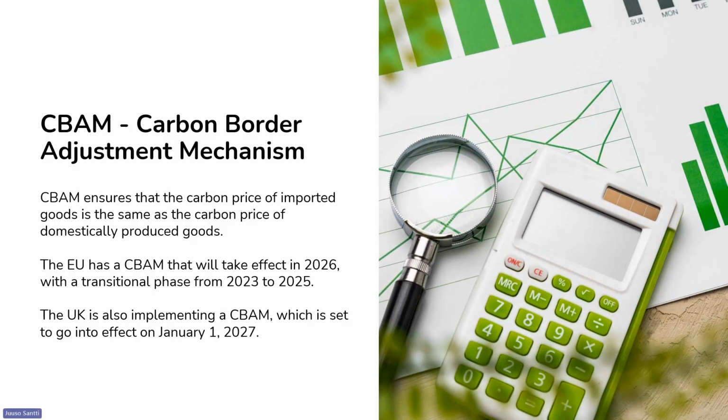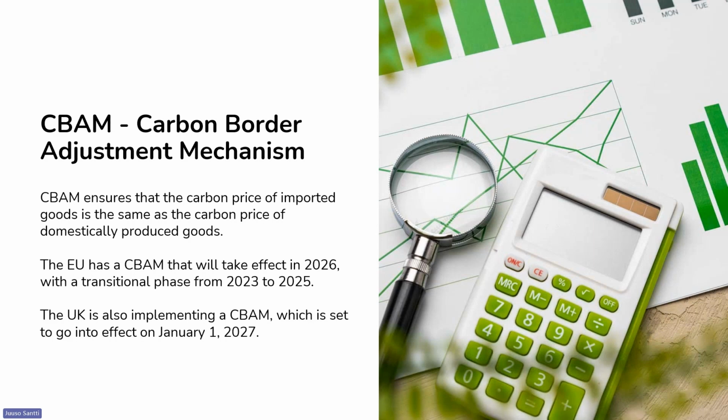Then there is the Carbon Border Adjustment Mechanism, or CBAM. If you haven't heard about this yet, I am pretty confident that you will very soon, especially if you do any exports, and especially into Europe. CBAM is being introduced all over the world at the moment and has different requirements for different countries.